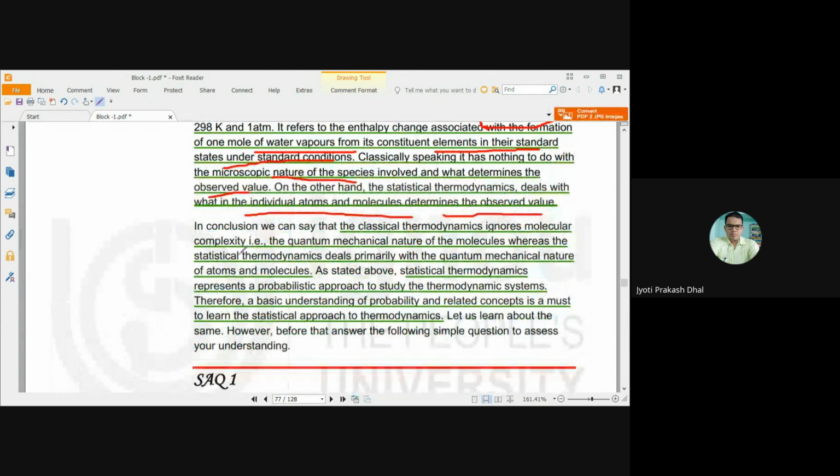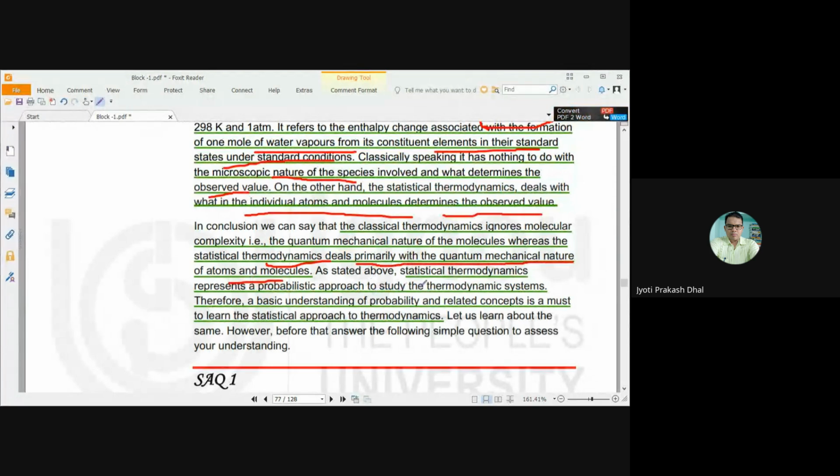Classical thermodynamics only considers bulk species, but quantum mechanics deals with the nature of the atomic or molecular level, whereas statistical thermodynamics deals primarily with the quantum mechanical nature of atoms and molecules.